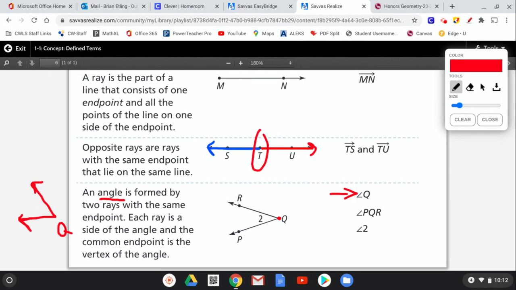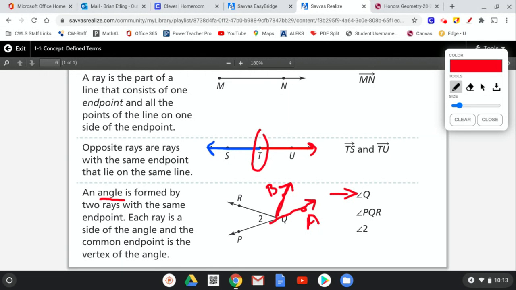So it starts at Q. That's the vertex of the angle. So when we're talking about the vertex of the angle, that could be a way to name it. Now, the trouble we get is if we have this. What if I have this Q and I extend this out and I create these other angles, and I put points over here, A, B, and I have these other angles?